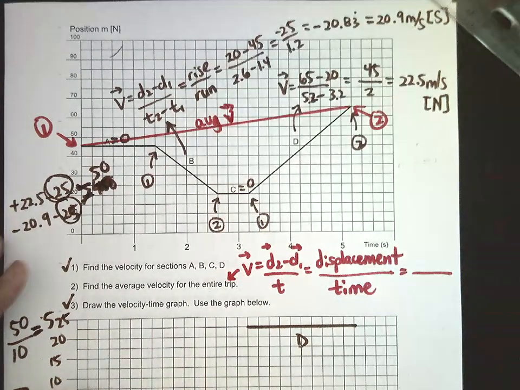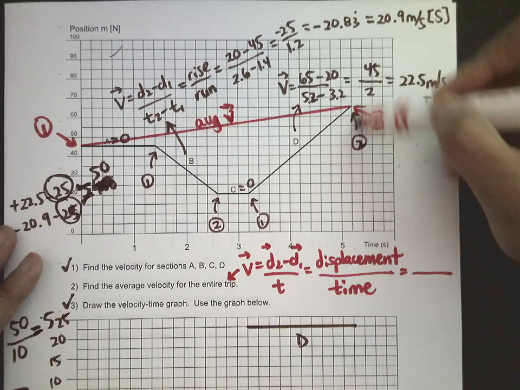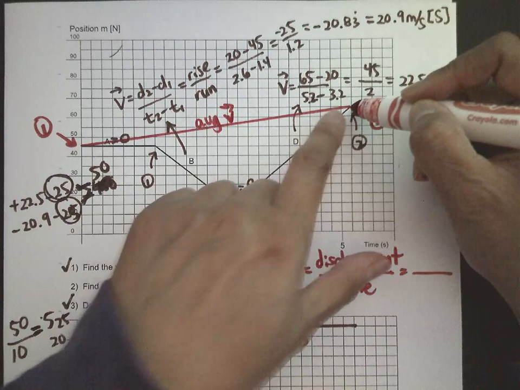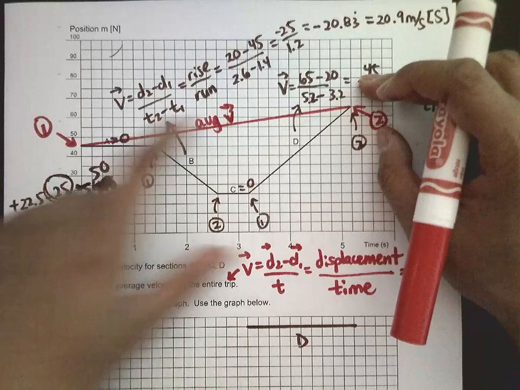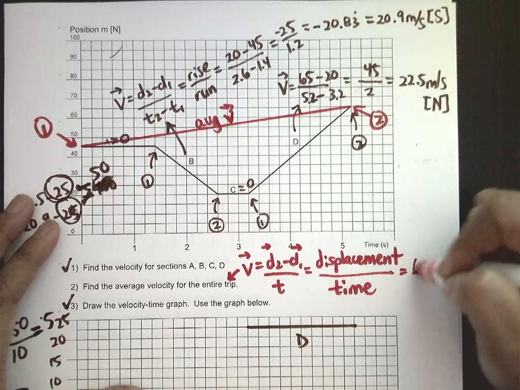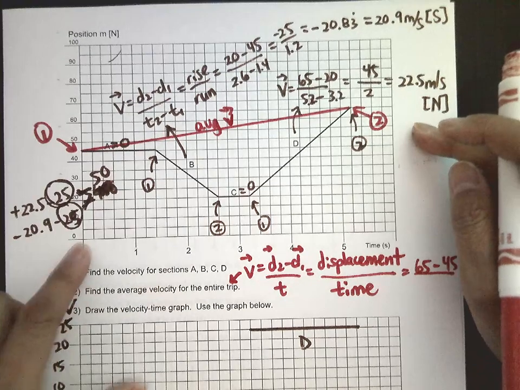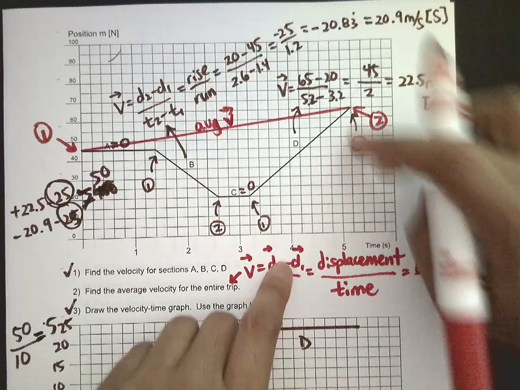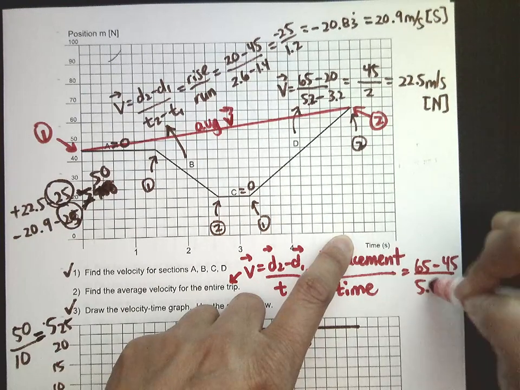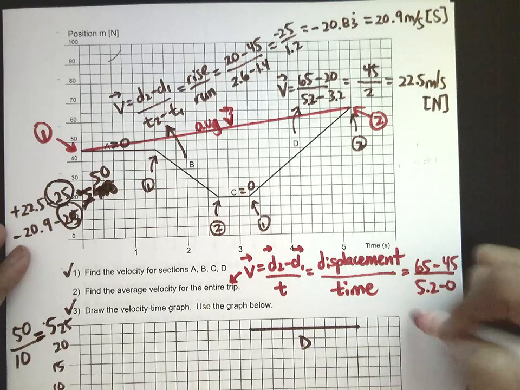Okay, so let's actually take the point. The point here is going to be, if this is point 2, it's going to be 65 minus 45, and this here is 0 for time, and this is going to be 5.2. Perfect.